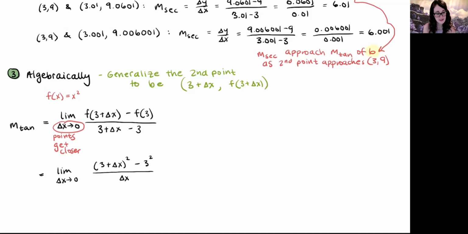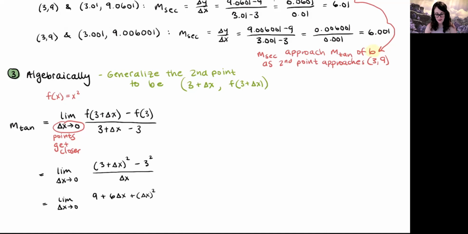Now, we still haven't canceled out the 0 over 0, so we have to expand all of this. We have to FOIL this out and then see what happens. So when we FOIL out the 3 plus delta x squared, we're going to get 9 plus 3 delta x plus 3 delta x, so that's 6 delta x, and then plus delta x squared.